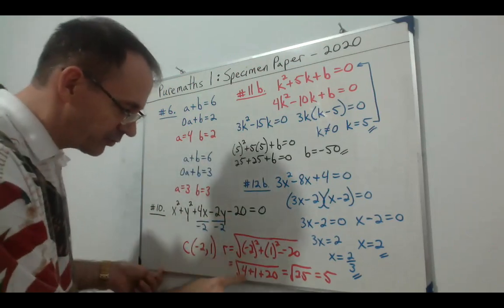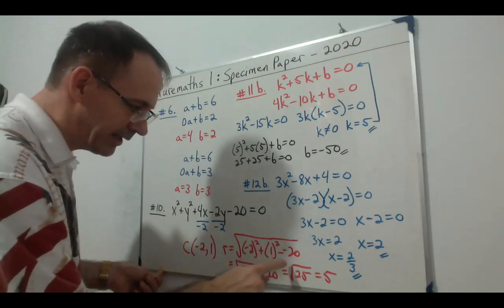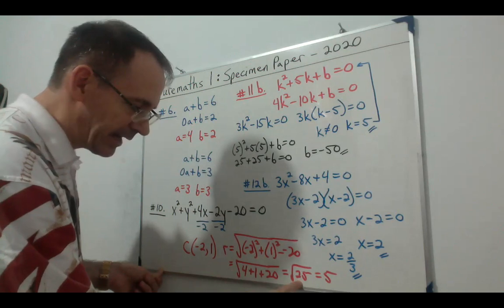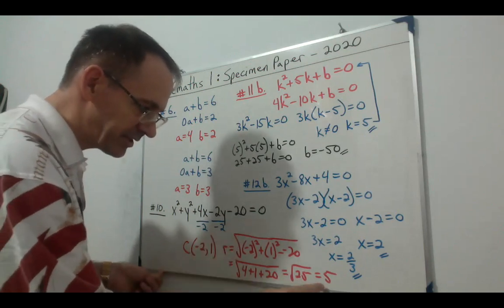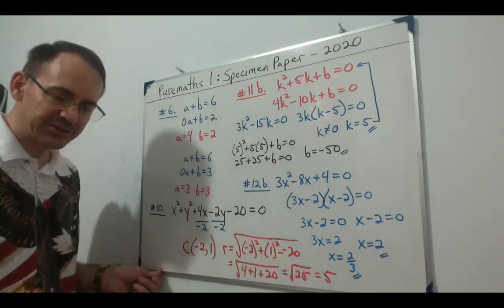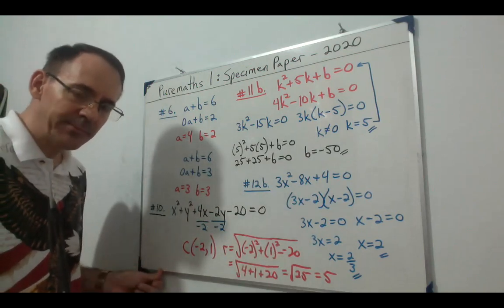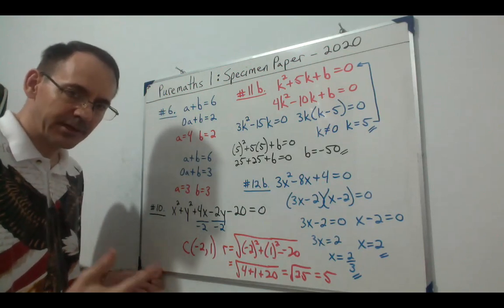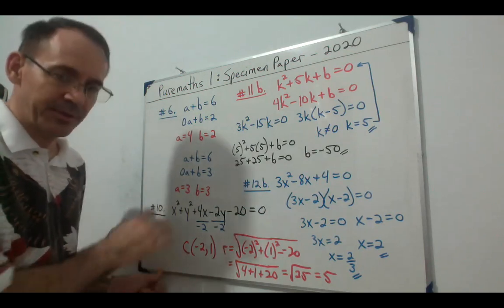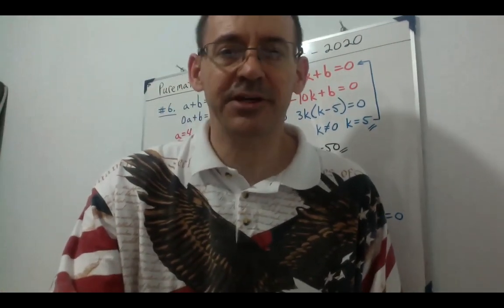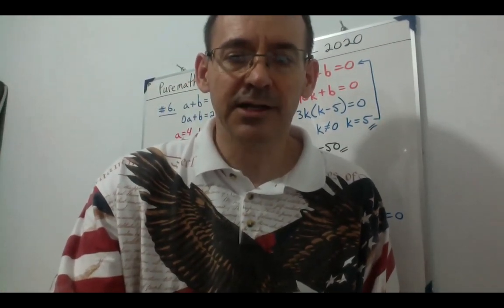So negative 2 squared is 4, 1 squared is 1, and now we're adding 20, so that gives us 25, and we're square rooting it, which gives us 5. So this method is a little bit faster, but you need to remember how to do it correctly so that you don't mess up the problem. But this is an alternative way. I did show it in my video if you go back and look at the video.